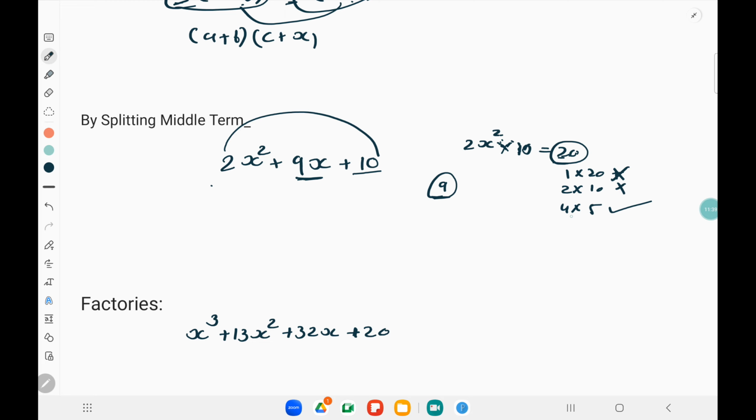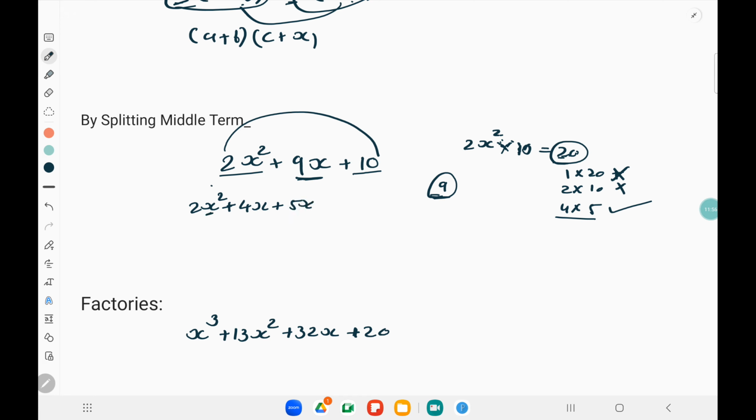Yes, that gives me 4 plus 5 gives us 9, and 4 times 5 gives us 20. So we take the 4 and 5. First term I write as it is, second term I am splitting, so 4x plus 5x.